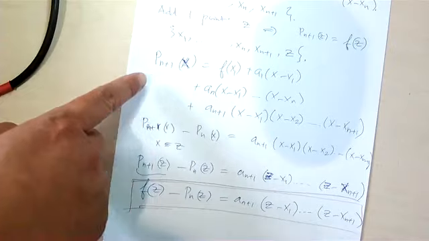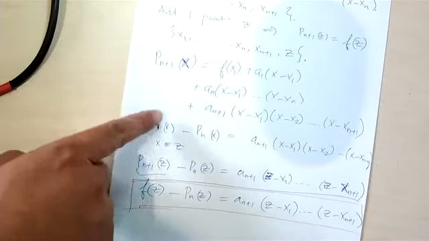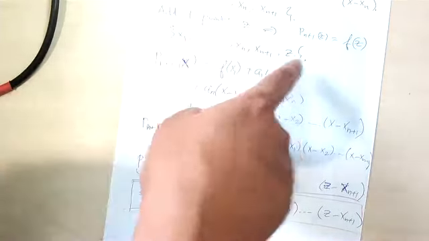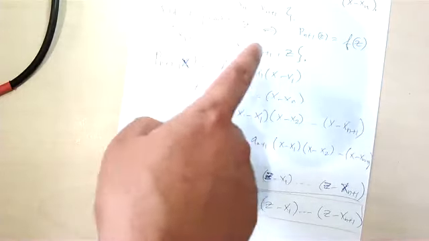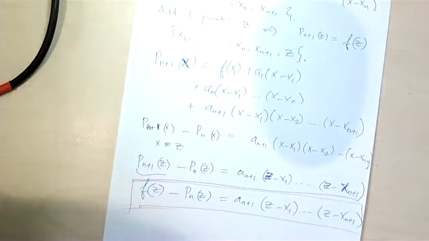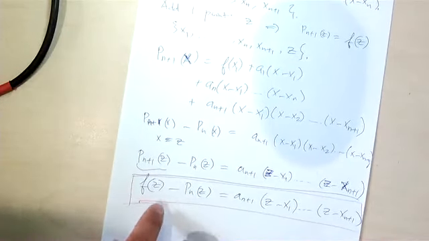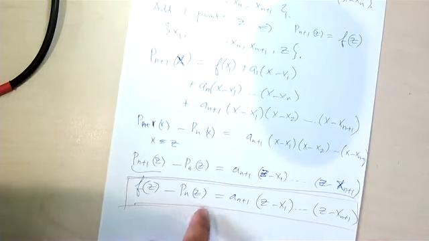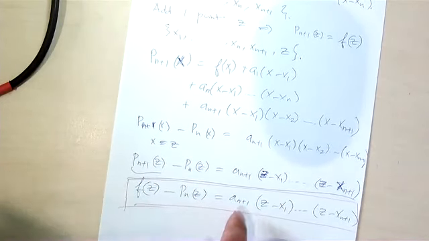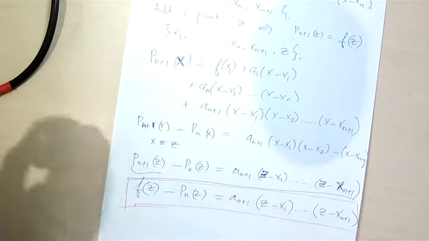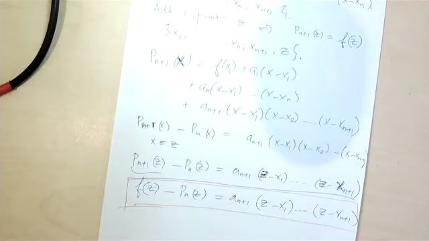And then I just use that formula again, but for these n plus 2 interpolation points. I just take the difference, then I have this formula. So f(z) minus Pn(z) is just equal to this product, yeah? And that's exactly what we have here. Right?